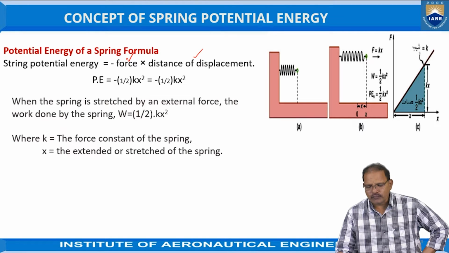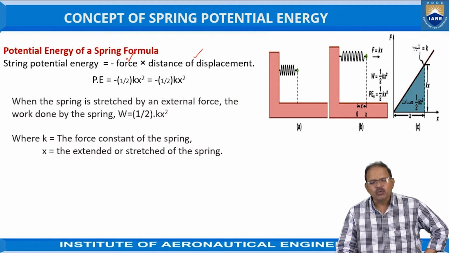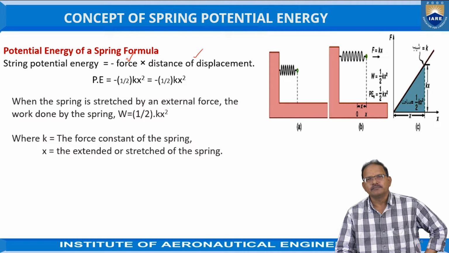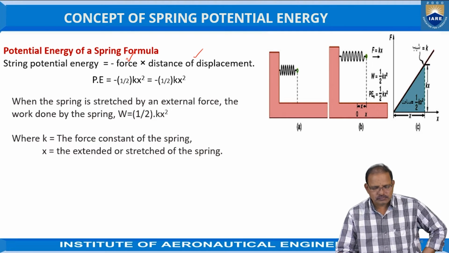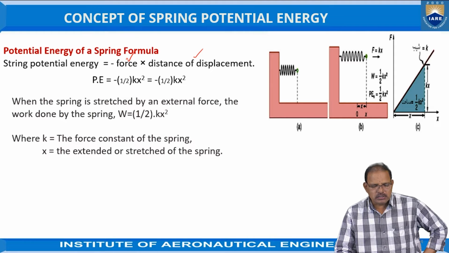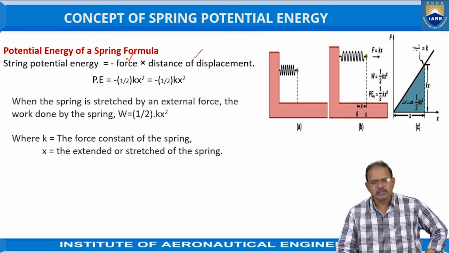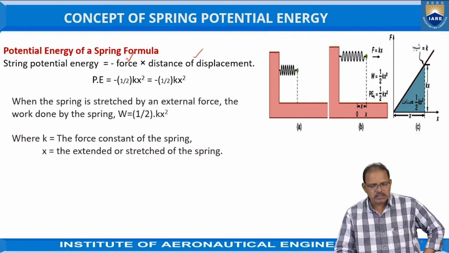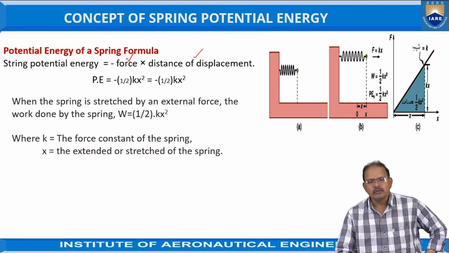The force is given by F equal to k into x, where kx is the force acting on the body to elongate it, k is the spring constant, and x is the distance deformed in the direction of the applied force. Since the force acts in the direction opposite to the displacement, the potential energy is given by minus 1 by 2 kx square.